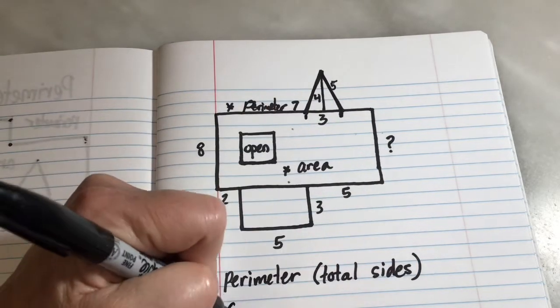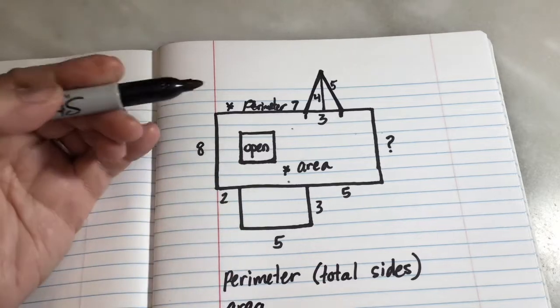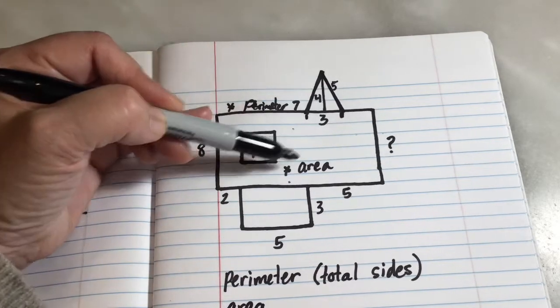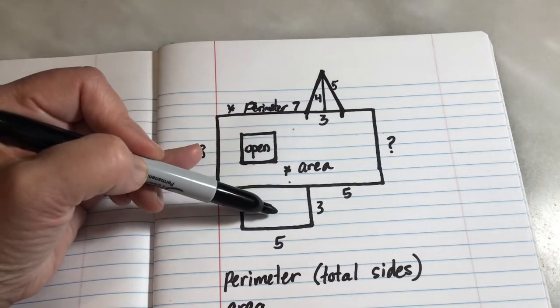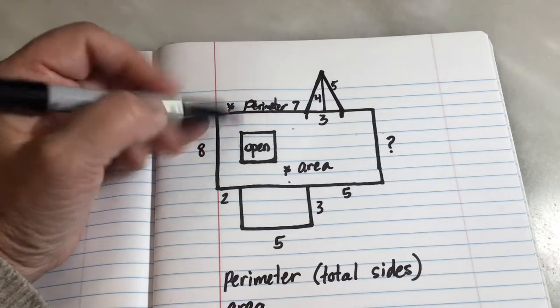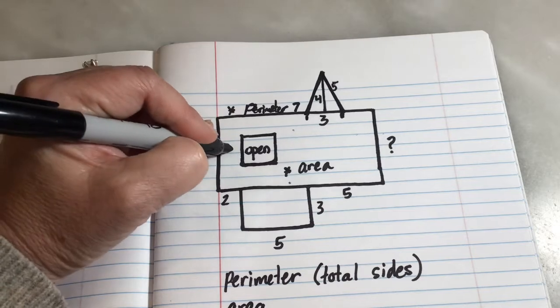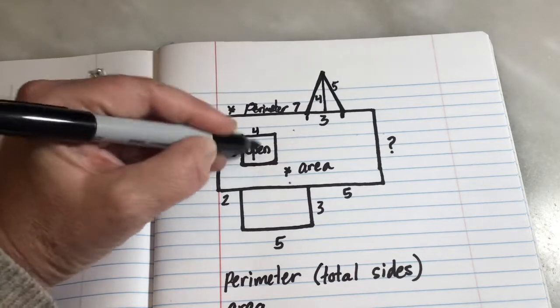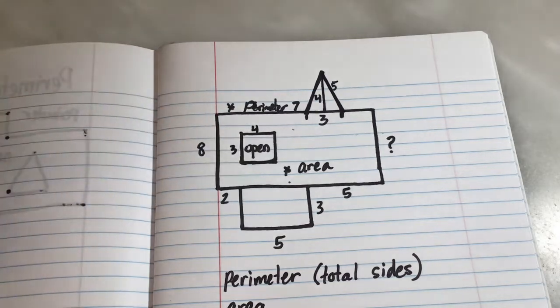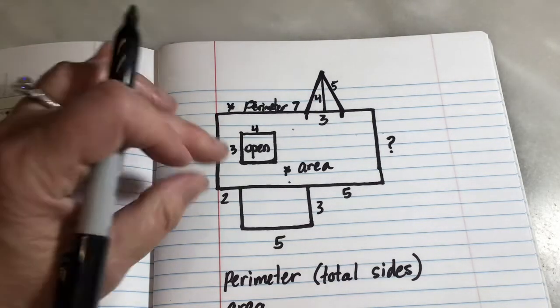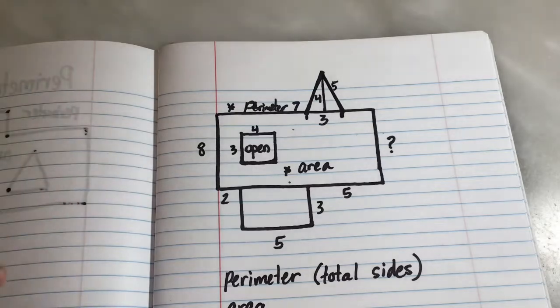Now the area, we're going to have to work out that area, this area, this area. And then we need to make sure we take out this area because this is like an opening in the shape. It's an open window in the shape. So we need to minus that from the area.